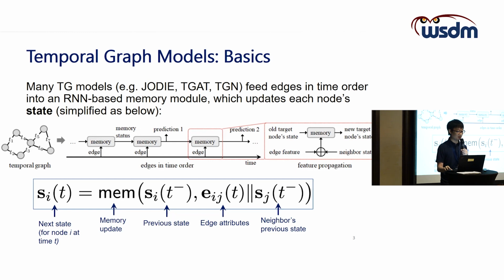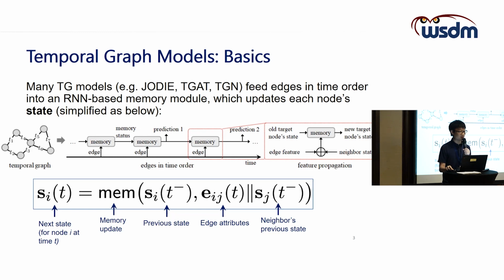Let's say we are this node at the center here. At T3, we encounter an incoming edge, and then at T4, we encounter another edge, and so on. This is a timeline, and what happens when we receive each edge is that we execute this memory update module. This is just some kind of neural network update. The equations are given here.